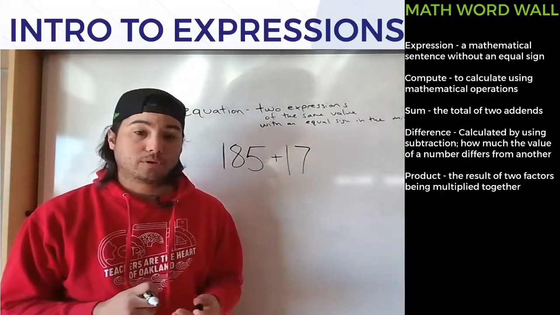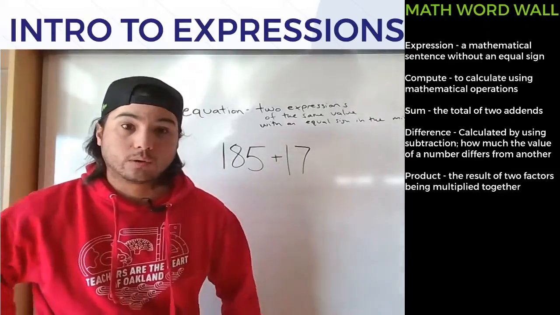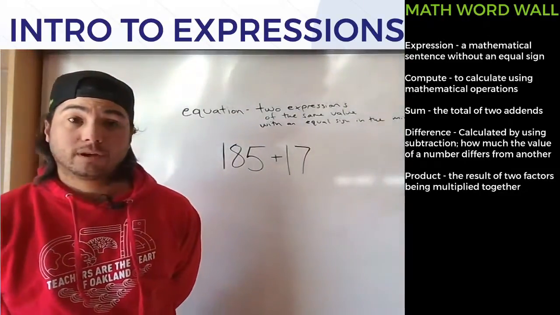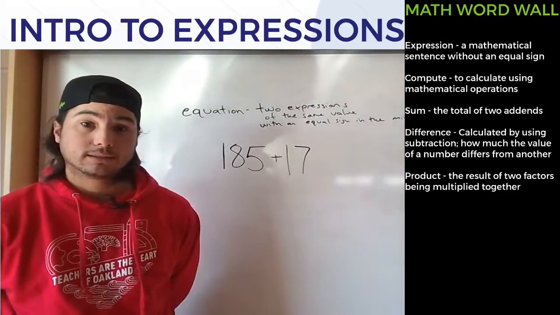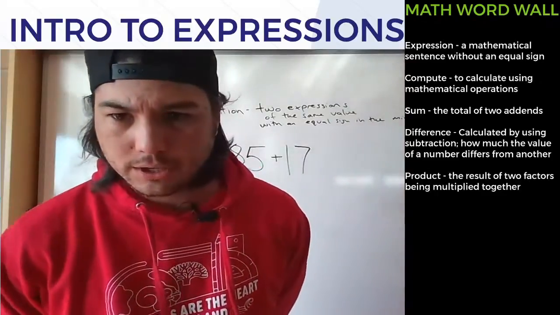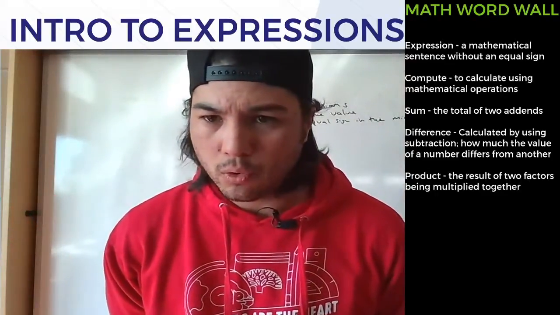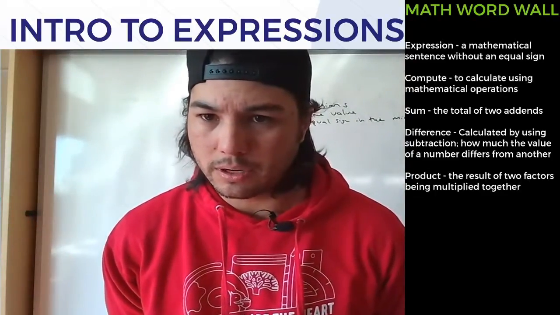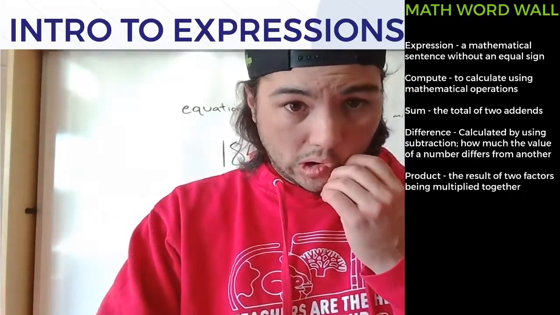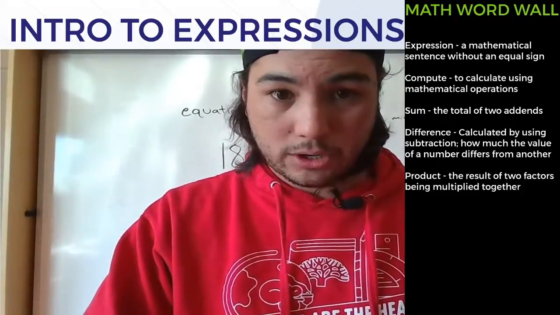Our computational sentence is kind of what I just gave you in words: 185 plus 17, or the sum of 185 plus 17. Somebody says in the chat, should it say 2 or more add-ins because 34 plus 211 plus 88 has a sum? Yep, it should. Good catch.